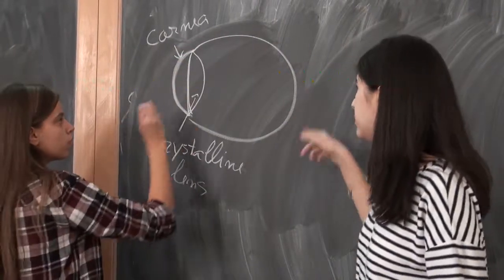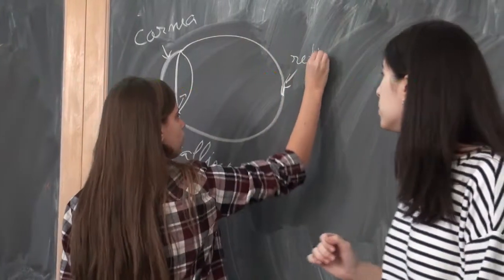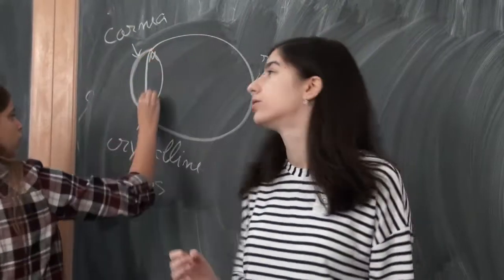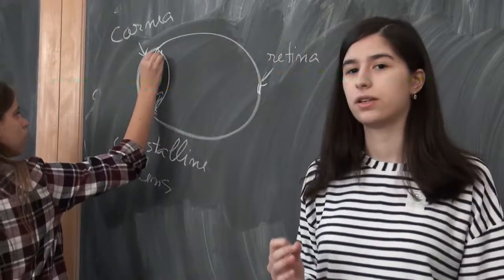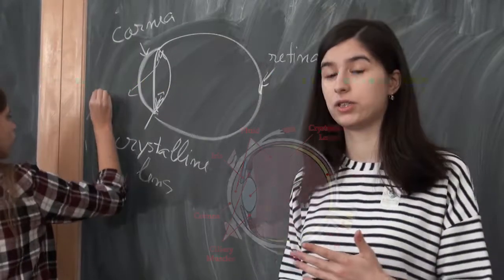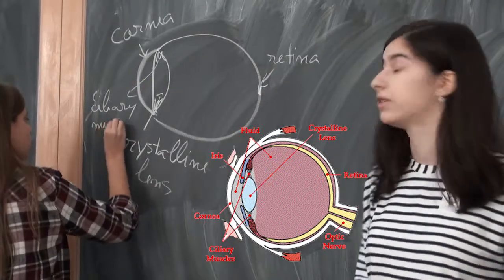And finally, the retina, which is the outer surface of the eye. Its structure contains nerve cells as well as other cells with extremities shaped like rods and cones that can detect the intensity and the frequency of the incoming light.